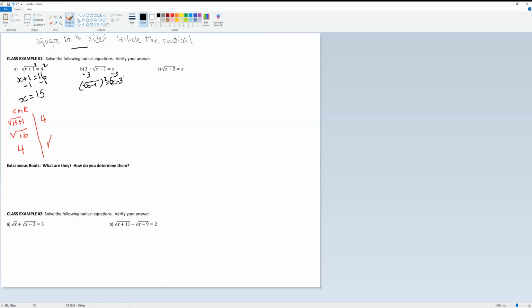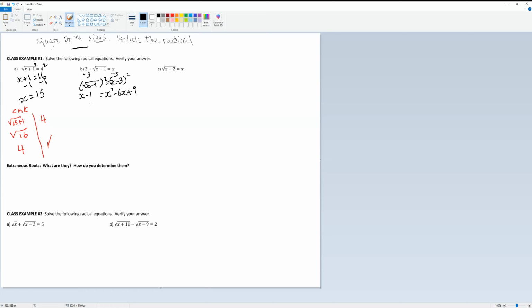Whatever I do to one, I do to the other. This turns into x minus 1, and this turns into x squared minus 6x plus 9.